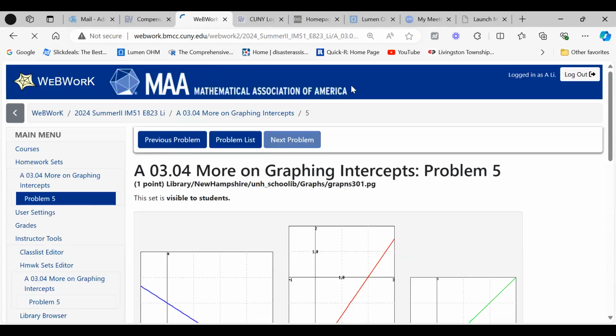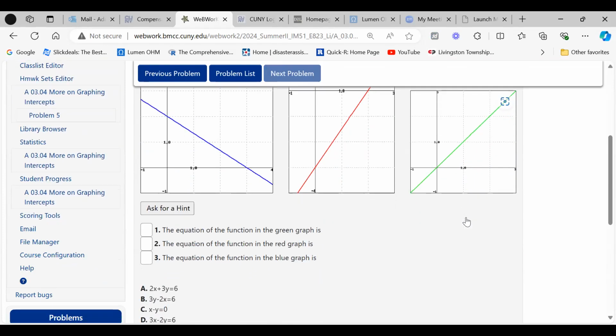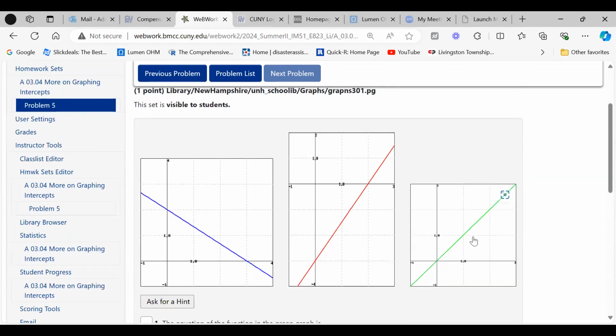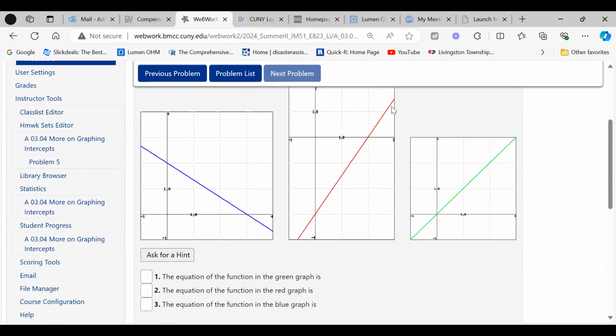Now, let's look at problem 5. So you get 3 lines here. You want to find the equation of the green graph, and also the equation of the red graph, and also the blue graph.